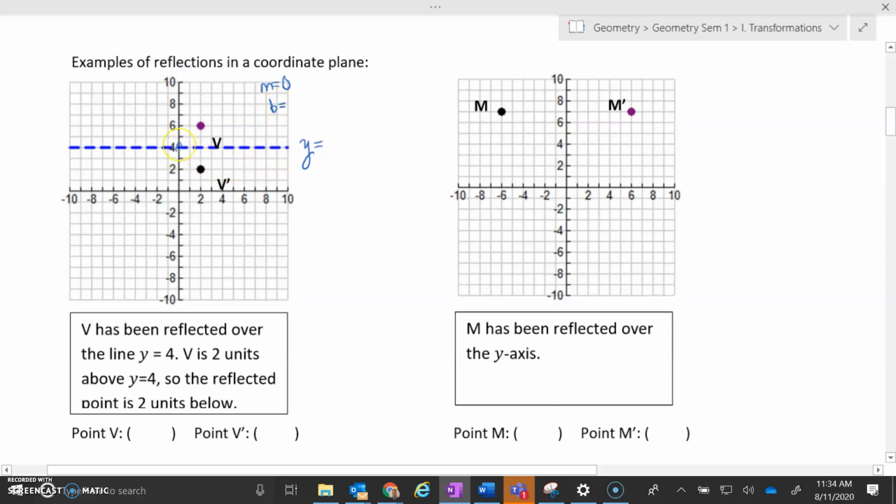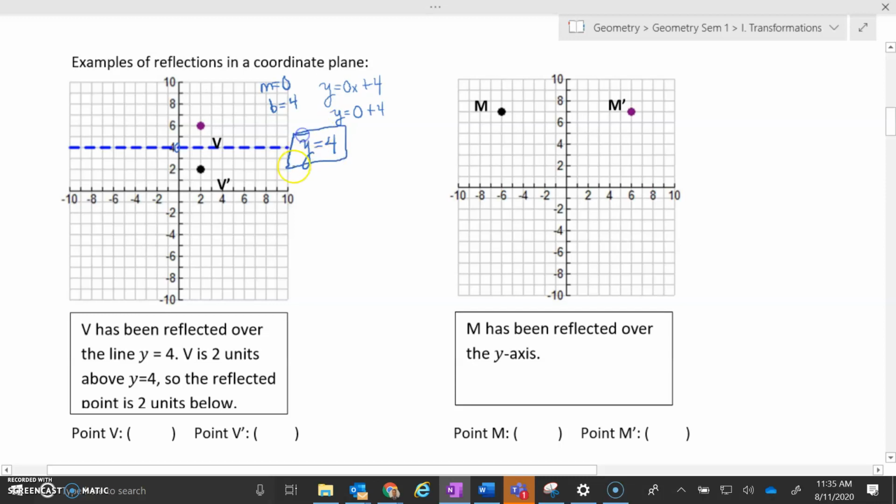Where does it hit the y-axis? At 4. So y equals 0x plus 4. Again, we don't typically write 0x, and we don't have to add a 0. So y equals 4 is this equation.